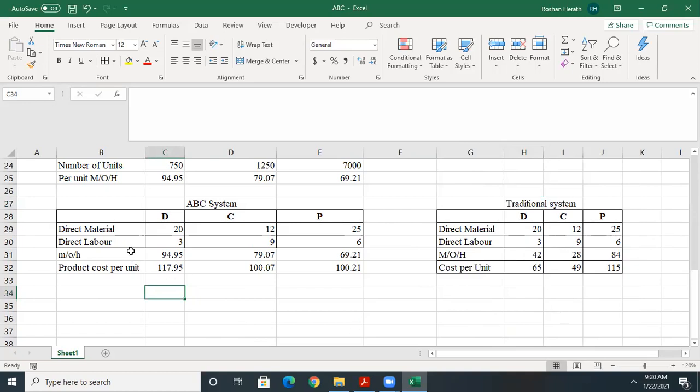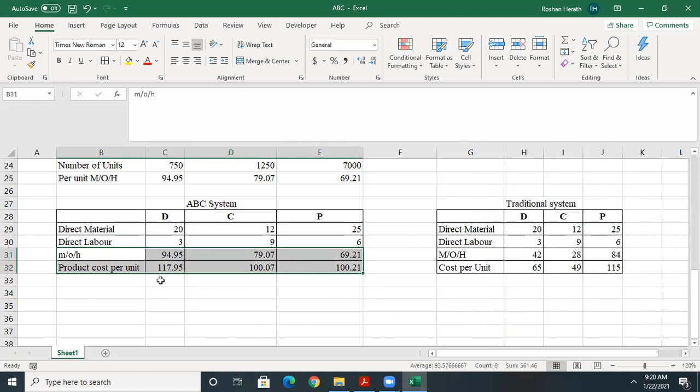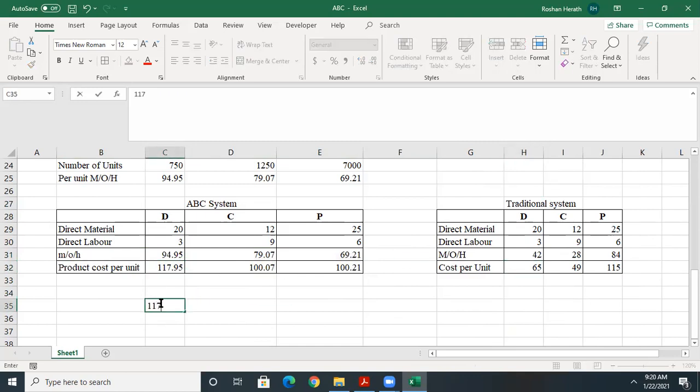So if you take the product cost of D under the ABC, it should be 117.95, but currently it is 65. So therefore it has resulted in what we call undercosting.